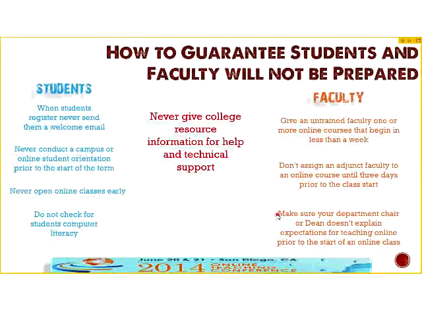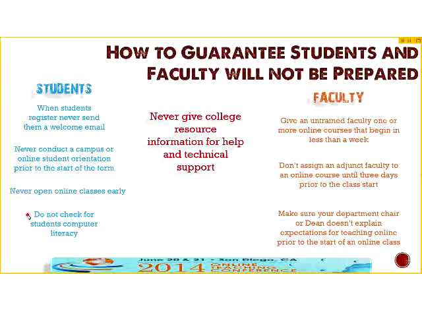Now, back to faculty. Make sure your department chair or dean doesn't explain expectations for teaching online prior to the start of the online class. It's so important for faculty, adjunct or full-time, experienced or not, to have a full orientation and an adjustment so that when they get into the classroom, they look and act like the professionals they are.